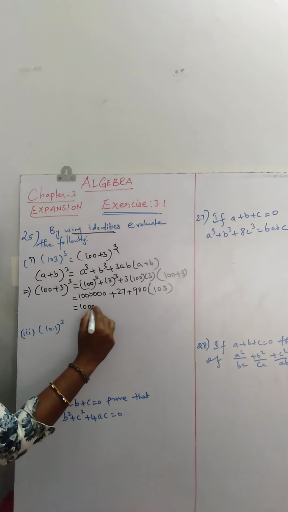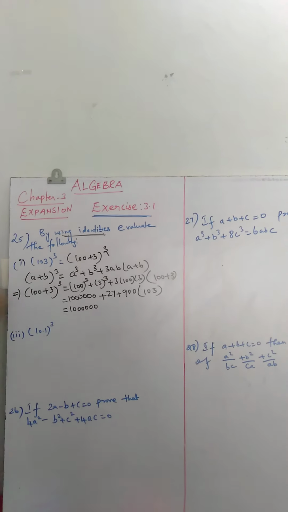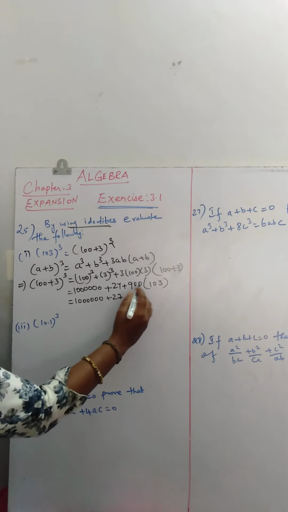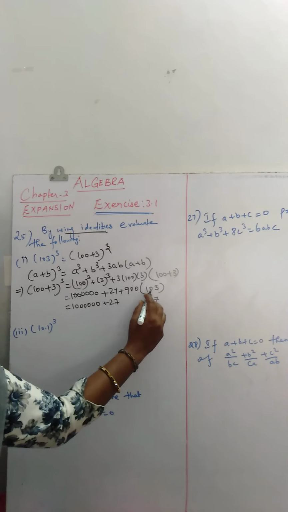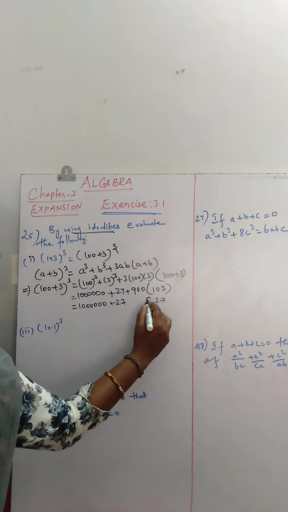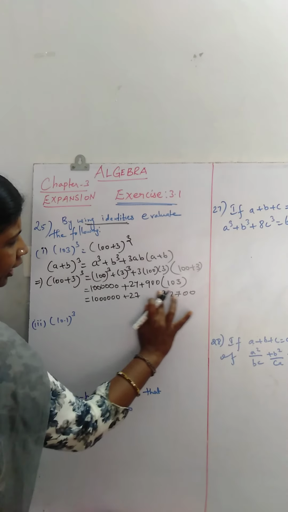Then 10 lakh, then plus 27. Here with 9 you multiply this one: 9 3s are 27, 9 into 0, 0, 0, and so on, then the remaining 2 zeros you add. So 9 2 7.